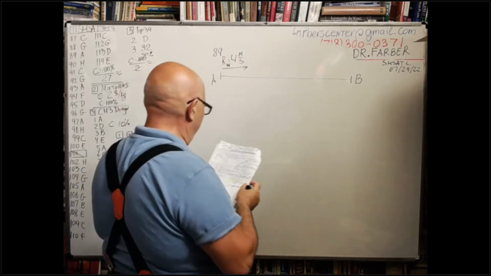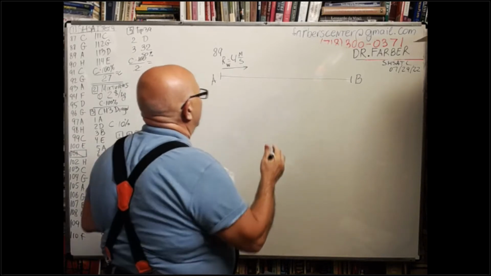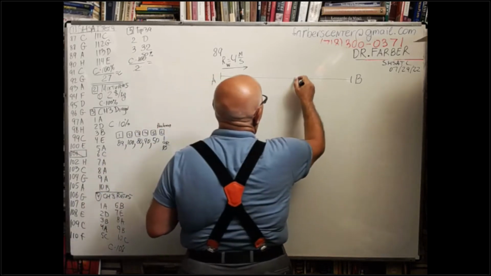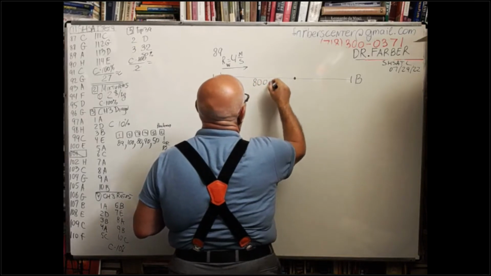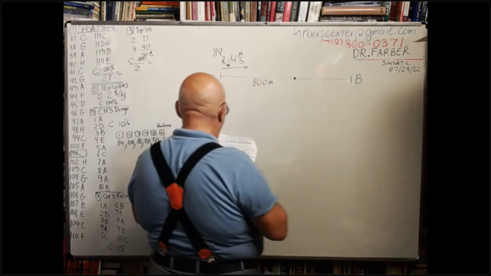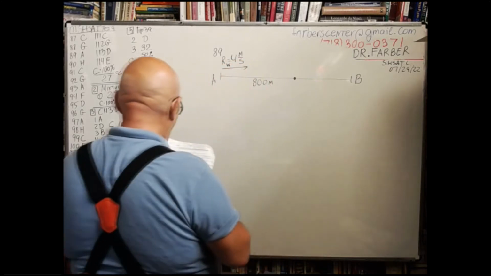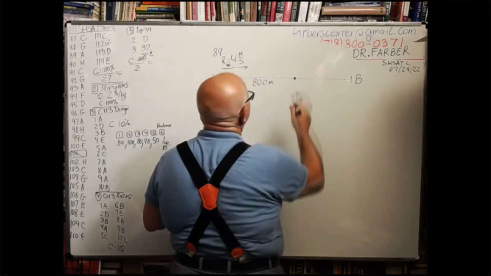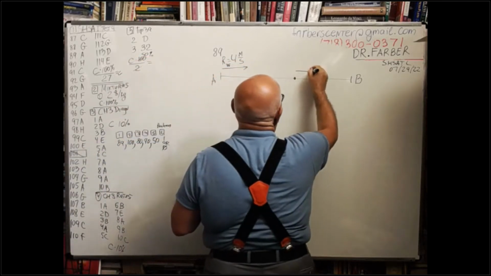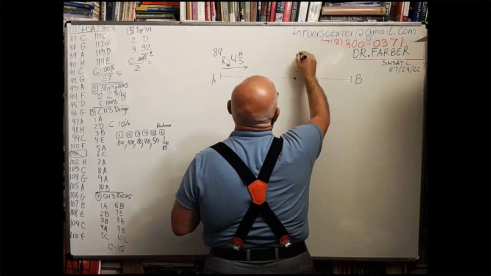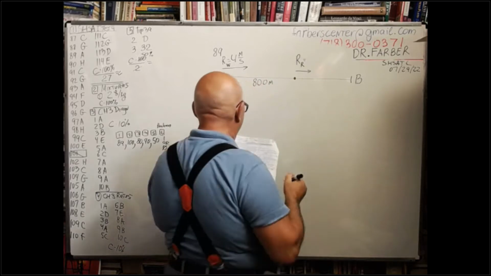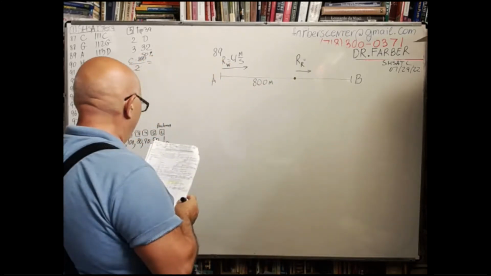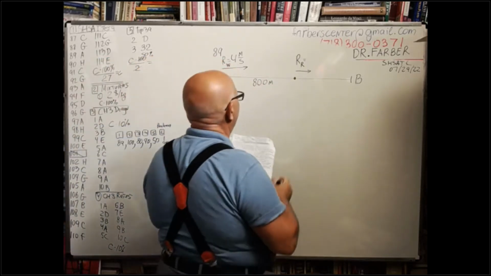What else do we have? 800 meters in front. So this is 800 meters. Who is it? Rabbit. And let me use the rate of the rabbit. And this rate is given, it is 2 meters per second.